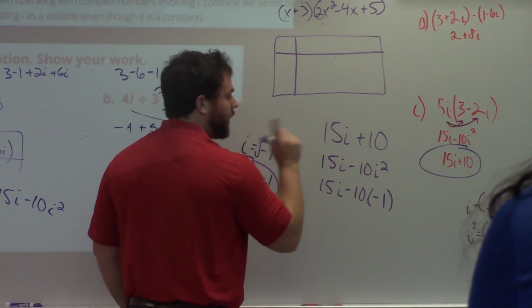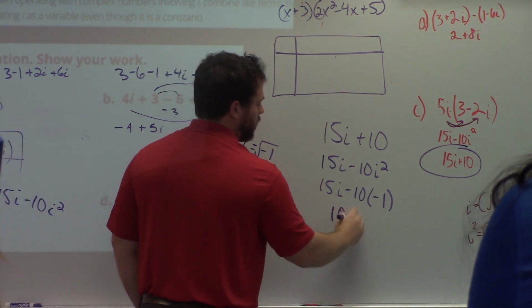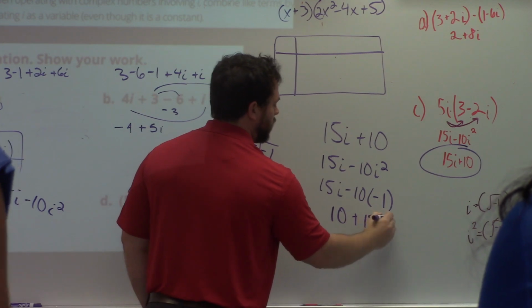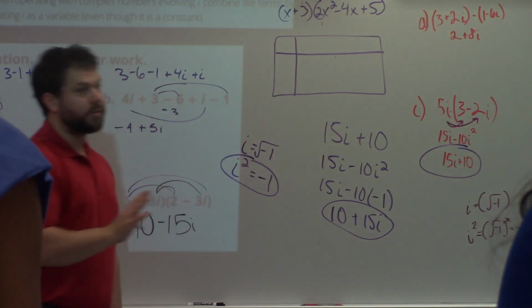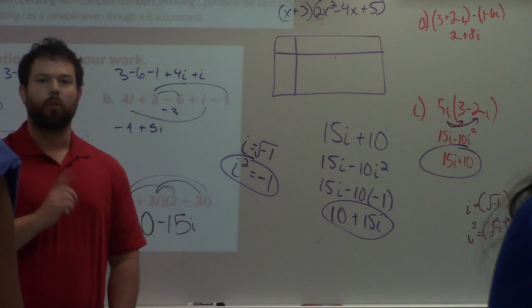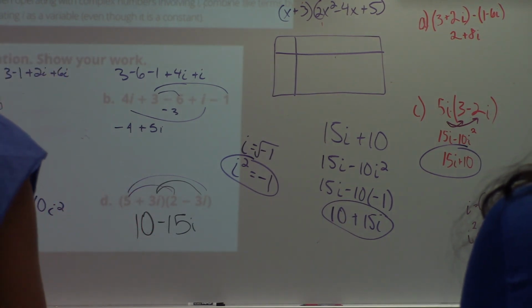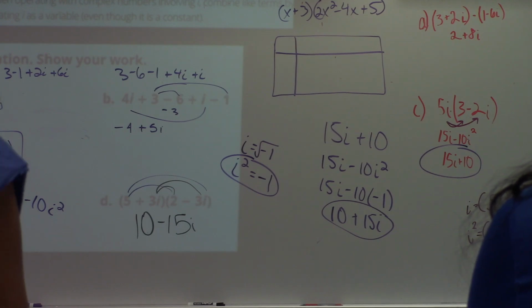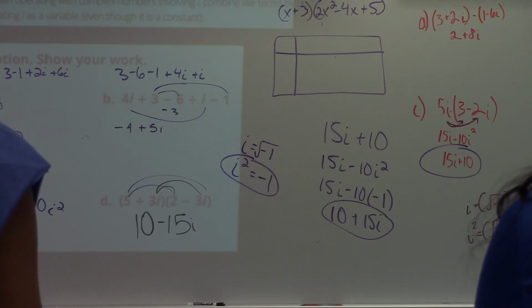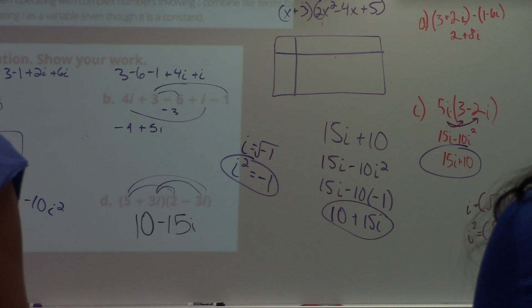So there's only one thing I would change about this. Don't have to, but I definitely would. Why'd I write it as 10 plus 15i? I want my real, then I want my imaginary.